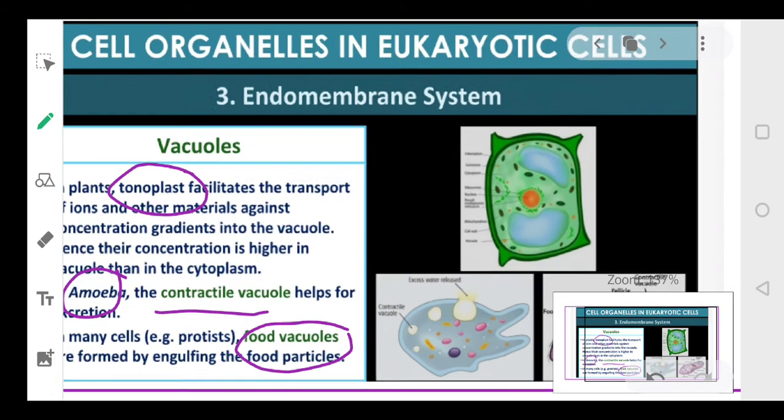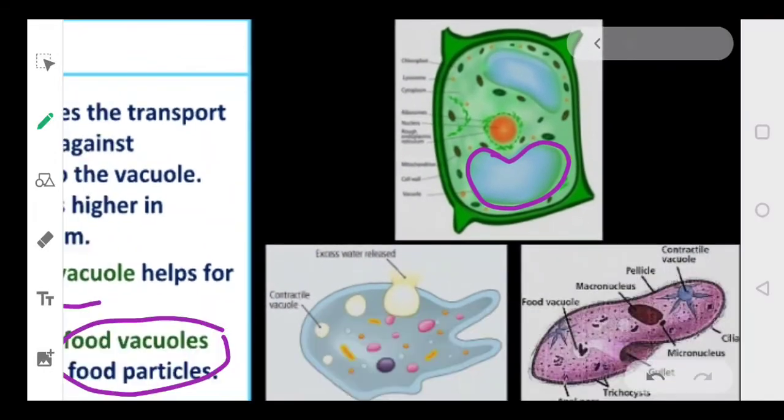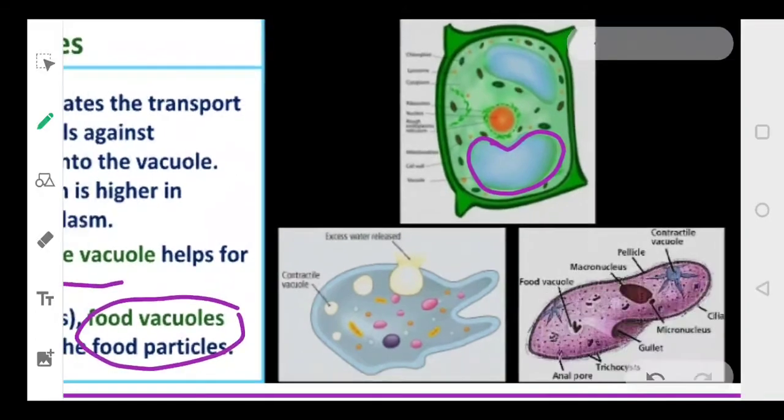Now let's look into this structure. As you can see here, this is your vacuole. This is a central vacuole which is present in a plant cell, and its membrane is called tonoplast. While in case of protistans, in euglena, as you can see, it will engulf some food through its gullet.